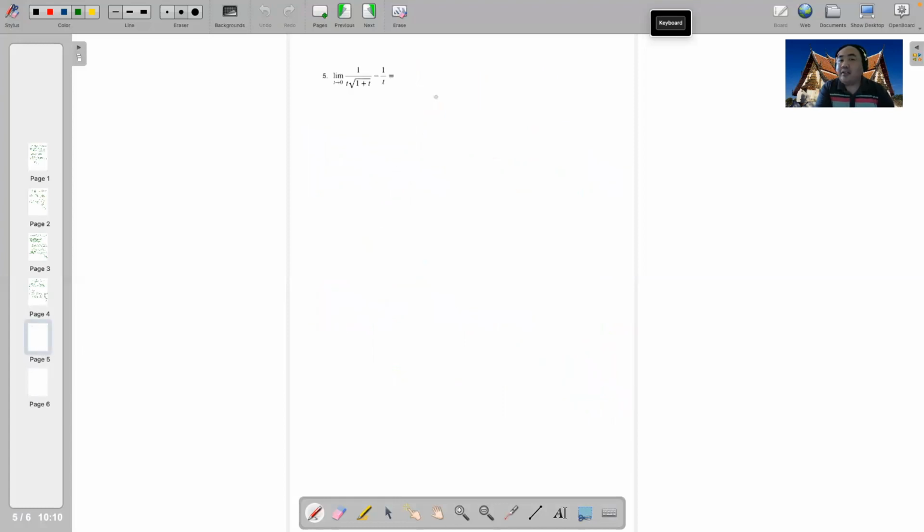Again, we have a complex fraction. When we do substitution here, you will get 1 over 0 minus 1 over 0. This is not 0.